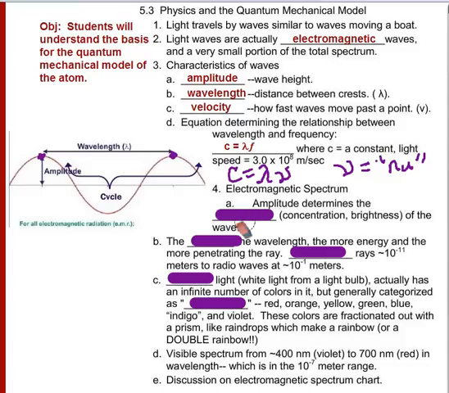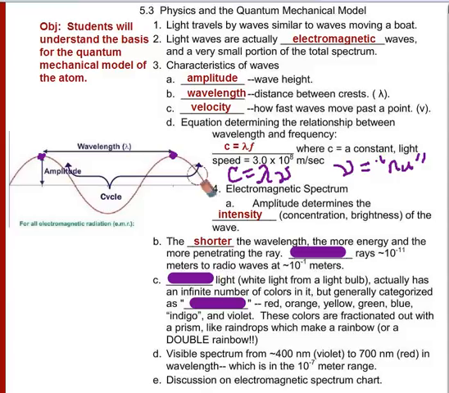Now the electromagnetic spectrum. The amplitude determines the intensity or the concentration or the brightness or the loudness of the wave. Bright light and loud noise can both be annoying to people if they're too much. That's because the amplitude of the wave is very large.